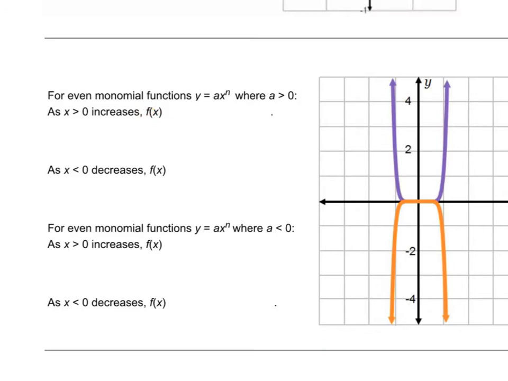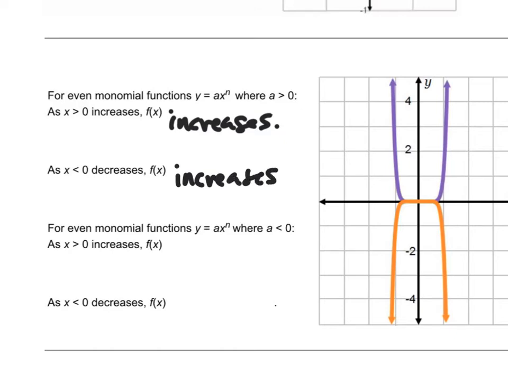And when I say function values, those are y values. So what happens? It increases. F of x increases. As your x values decrease, as they get more and more negative, what happens to your graph here? It also increases. Those y values increase.